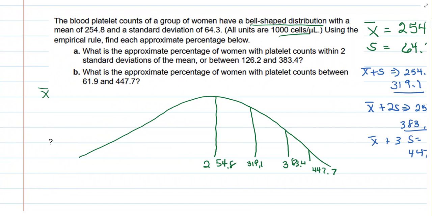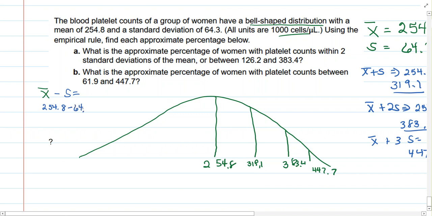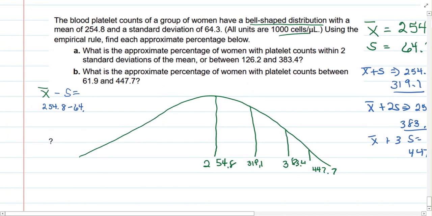So we're going to find those values. X bar minus S, that's 64.3.